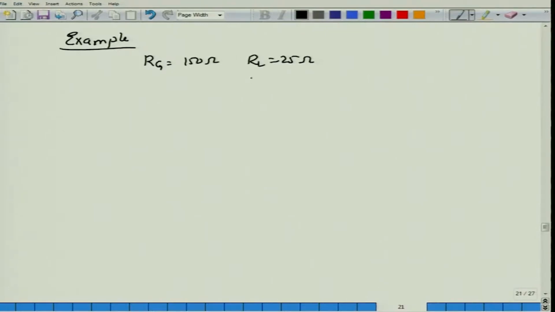So, you can now see that gamma L will be negative, and gamma L will be equal to minus 1 by 3, where I am assuming R0 is still equal to 50 ohms. The length and other values are all the same, and what I want is again to see the voltage at 600 meters as a function of time up to say 10 or 12 microseconds.